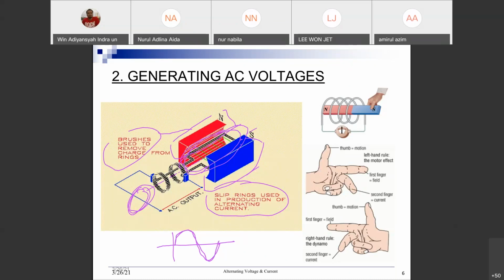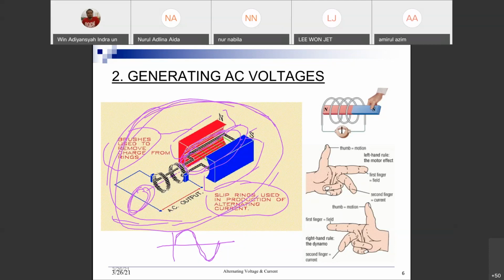Okay. So this is what is installed in every TNB's plant, to generate AC. Of course, the size is very big. There's a coil and a uniform magnetic field.